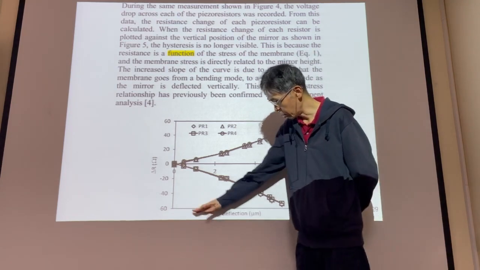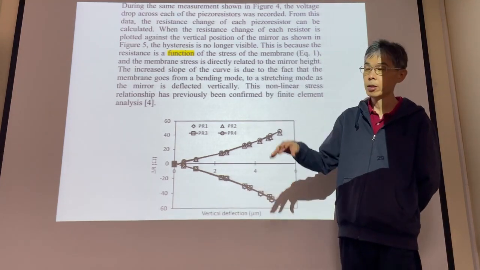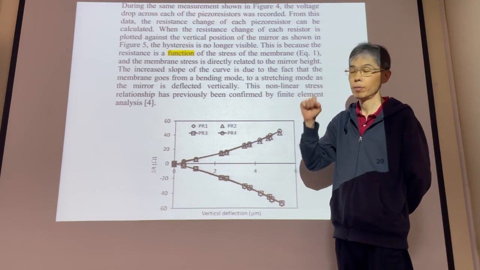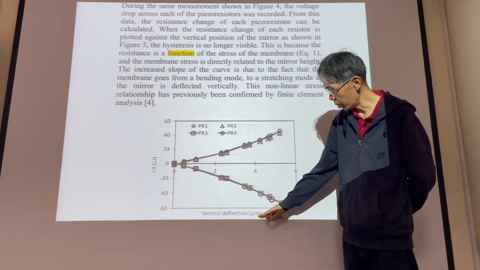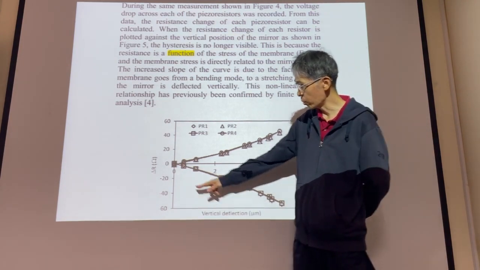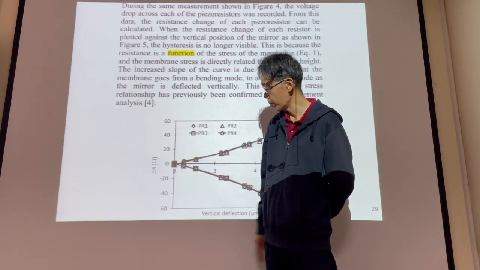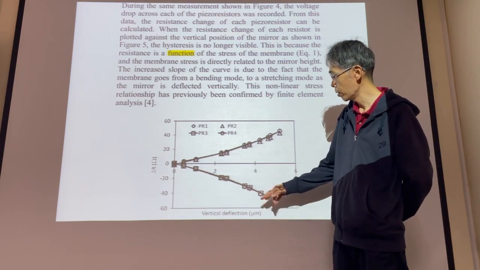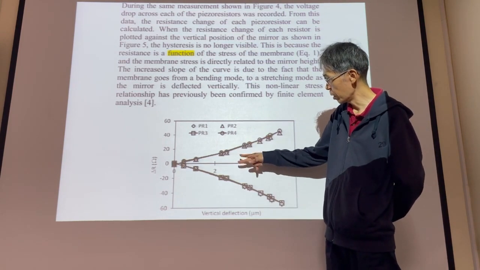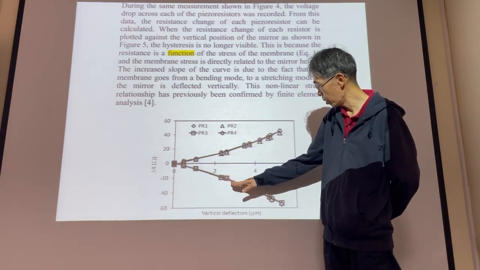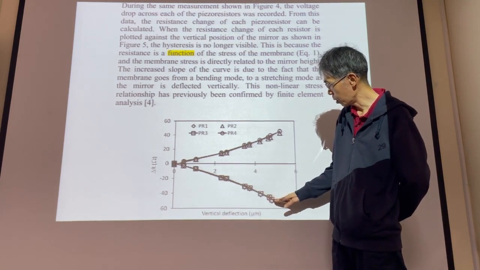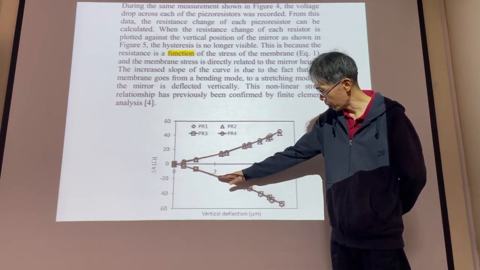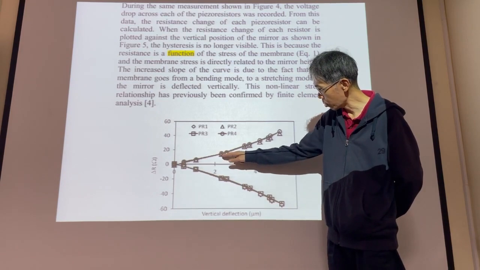And this is the displacement of the center of the membrane, in micrometer scale. And the Y coordinate represents the delta R change. Then two of them follow one trend: one goes down and the other 2 go up.